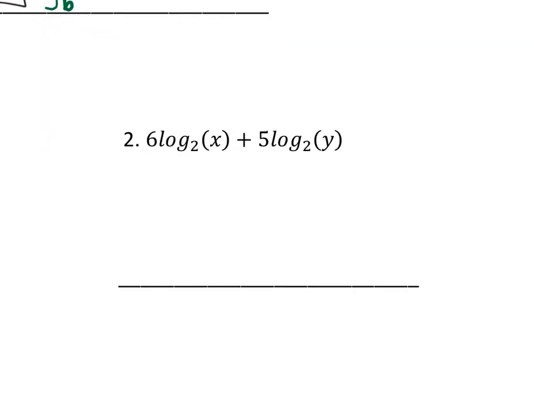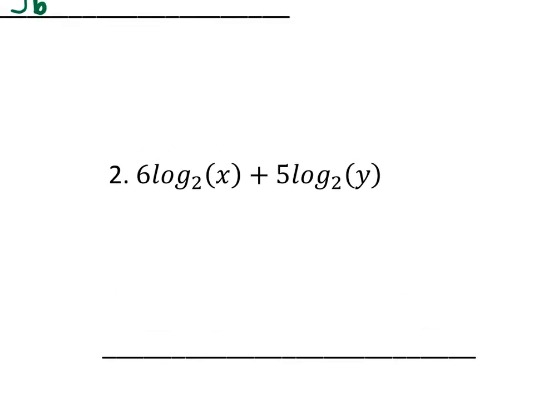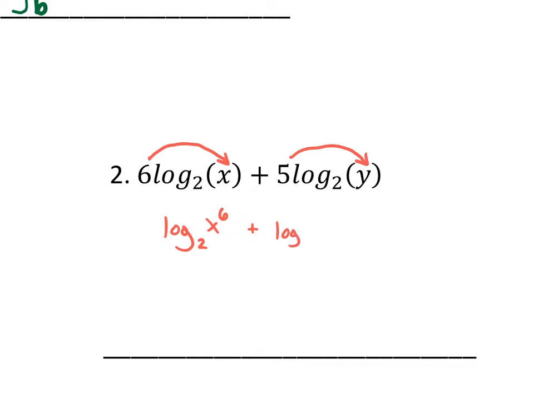So here we've got one. We're not going to solve it because it's variables, but we're going to condense it down. If there's a number out in front, that means it can be an exponent. So the first piece of this is to rewrite this as log base 2 of x to the 6th power plus log base 2 of y to the 5th power.